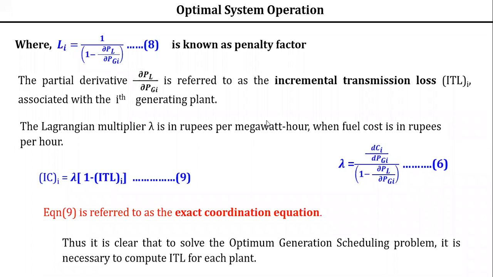Now how do we find this incremental transmission loss? This we are going to study in today's class. ITL is equal to dou PL by dou PGi, that's what we have seen here.